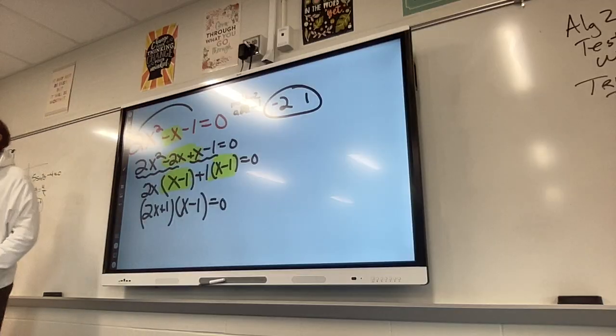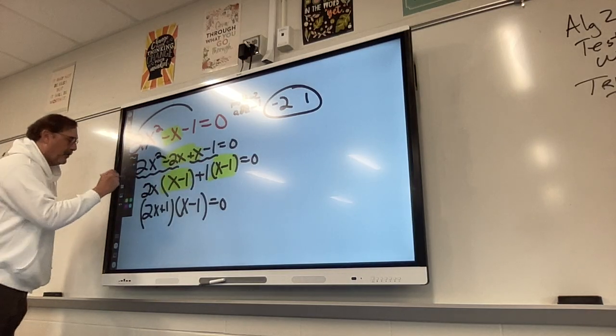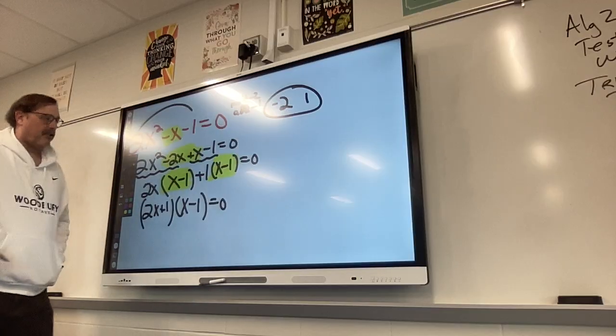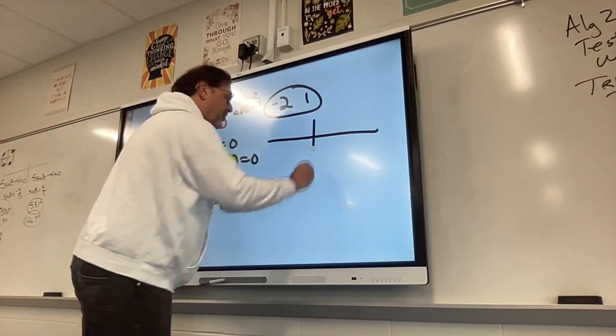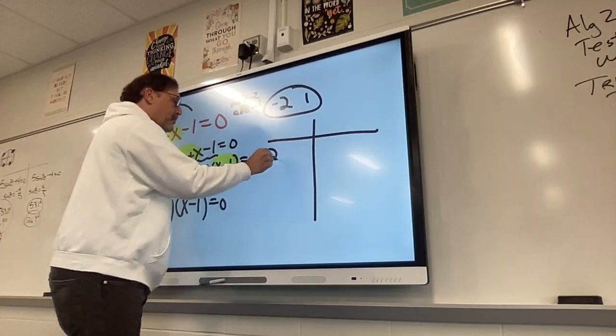You have 2 footballs and 1 football, you have 3 footballs, right? You have 2x, x plus 1s, plus 1, x plus 1, you got 2x plus 1, x plus 1s. Did we learn this in Algebra 2? Yes. If you were in some other class, you'd say, let's do the zero product property. We say, let's do big T because it looks like a big T.